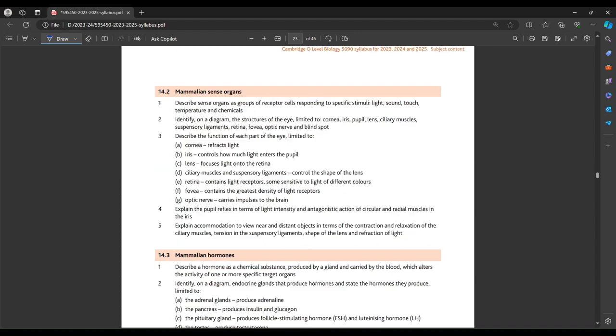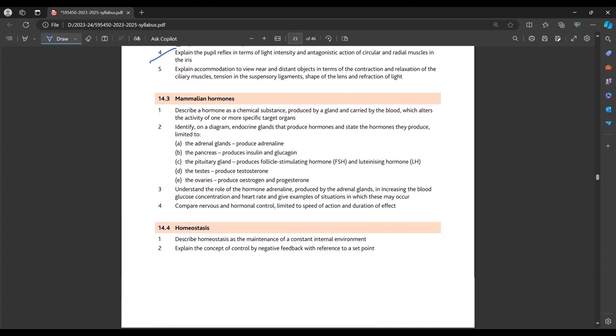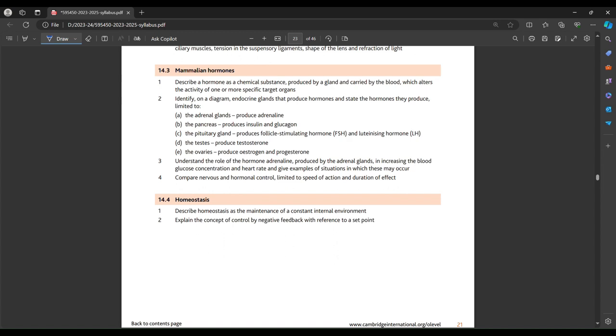For example, now in mammalian sense organs we have eye only, and the whole video is on the eye. Okay. Mammalian hormones, we have different types of hormone: adrenaline, insulin, glucagon.